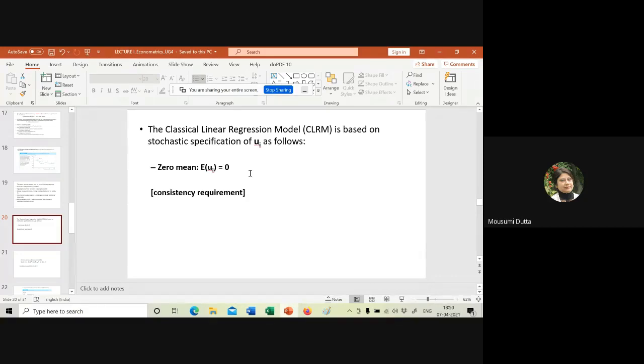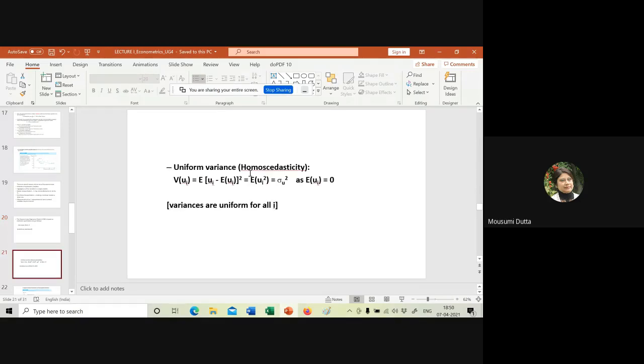Later, under some certain context, we will also discuss some issues from Johnston and DiNardo, Wooldridge, etc. So you can start with Stock and Watson, go through all these things and the lecture, and you will understand, I hope, why it is a consistency requirement.